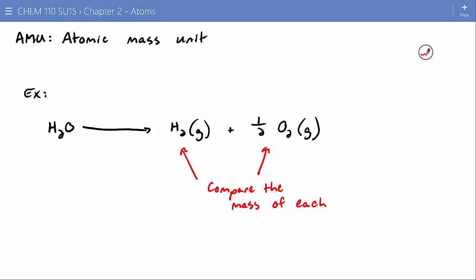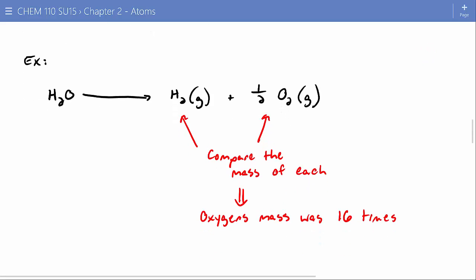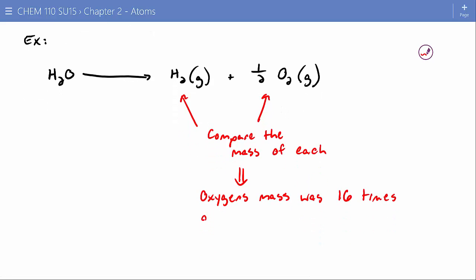In this case, what they found out was that oxygen's mass was 16 times greater than hydrogen's mass.